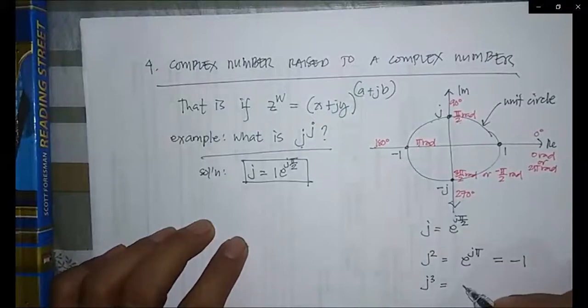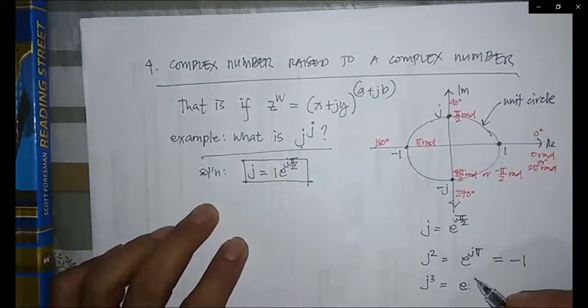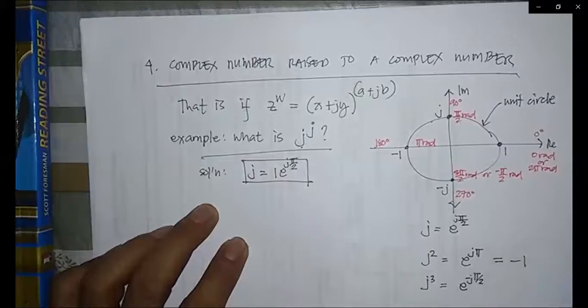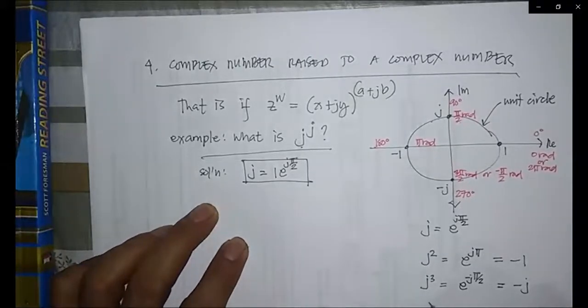For j cubed, that is equivalent to e raised to negative j pi over 2. That is the same as negative j, right? j cubed is the same as negative j.